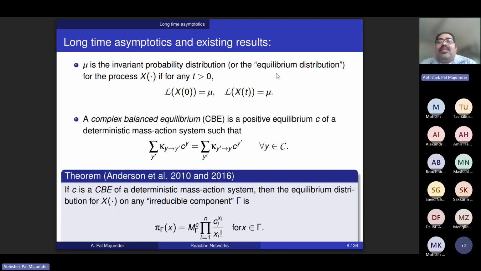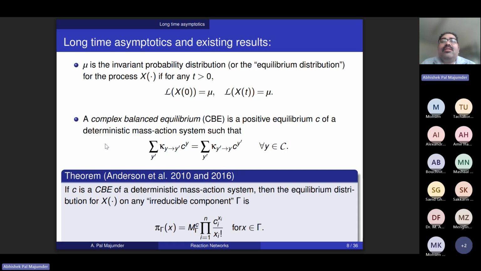And then there are certain interesting results on the structure of this limiting distribution or equilibrium distribution of stochastic models. So a reaction network contains a complex balanced equilibrium, which is a value c in a deterministic mass action system, such that this condition holds for all y belonging to C. So this is a particular property, the complex balanced equilibrium.